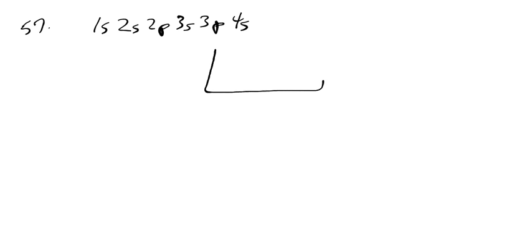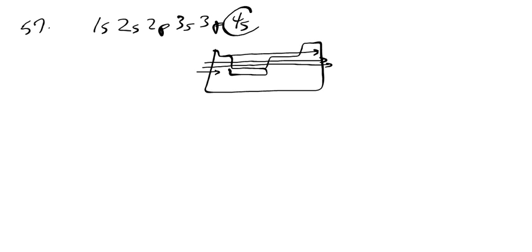You're just going across 1s, 2s, 2p, 3s, 3p, and then you hit the 4s before you get to your 3d's. So it's going to be a 4s for 57. The answer is D.